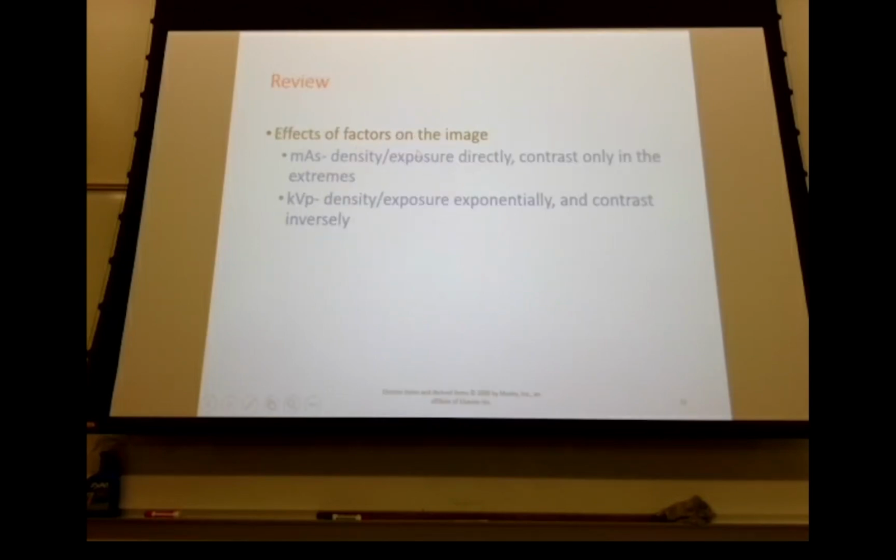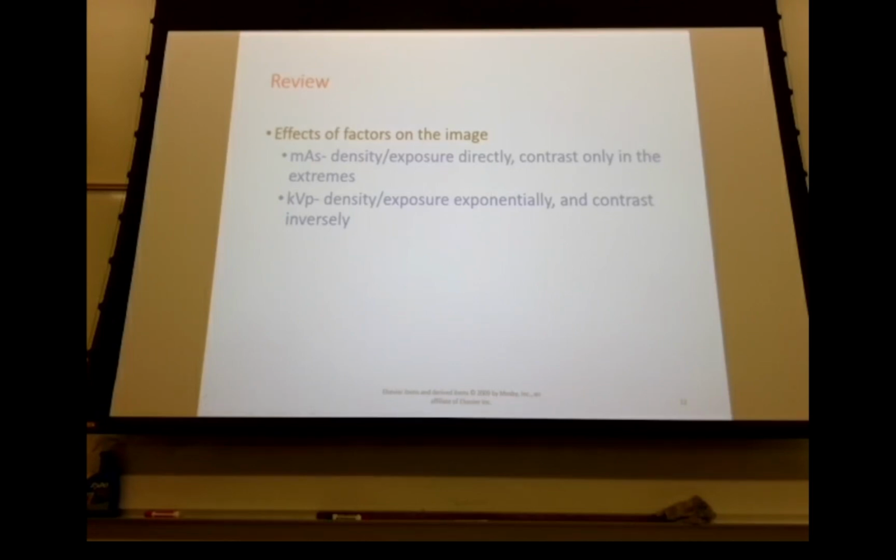All right. So we're going to end with the effects of the factors on the image. When we change our mass, then when we're talking about density, we're really talking about exposure. It does change it directly, so if we increase our mass, we increase our patient exposure, we increase our image receptor exposure. It doesn't really have any effect on density, or contrast really, except for all the way out in the extreme.